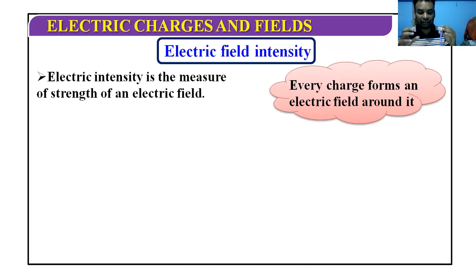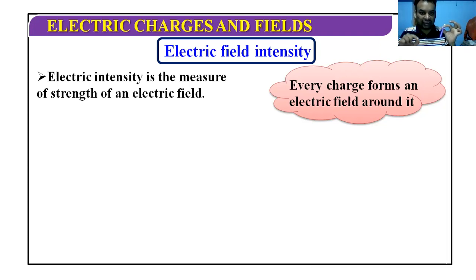So this term is used to describe the strength of the electric field, how powerful the charge, positive or negative, is creating a field around it in that space, how strong or how weak. So strongness or weakness is defined in terms of field intensity.